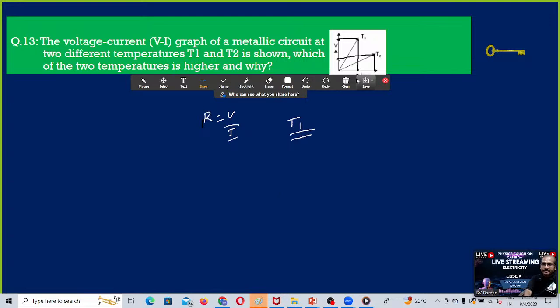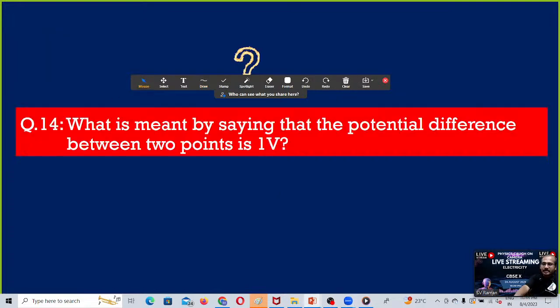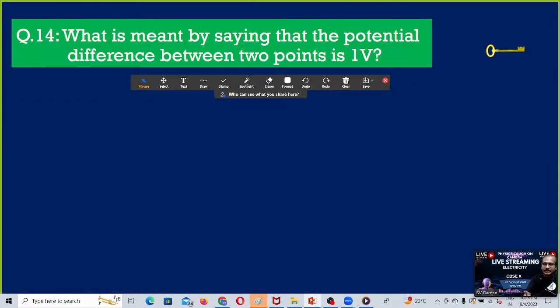Next question. What is meant by saying the potential difference between 2 points is 1 volt? Now, this is the direct question. Define electric potential or define 1 volt. How to define electric potential?